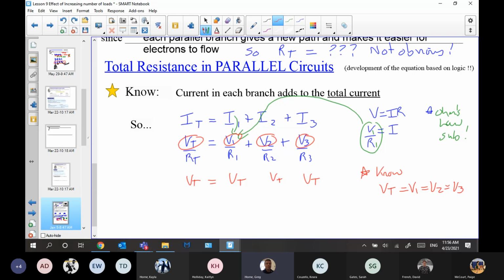They're all the same. So the rest of the equation is still there, where we got 1 over total resistance, 1 over resistance number 1, and over resistance number 2, and over resistance number 3. And we can do the same kind of logic as before, where I can just divide out by a common multiple. I can divide out total voltage. So it's a little sloppy, but I'm just going to show it like that, dividing everywhere by total voltage.